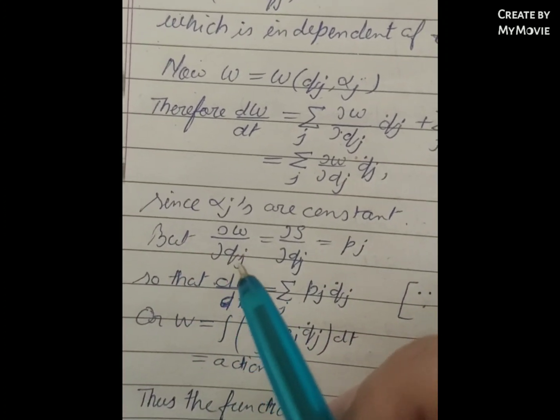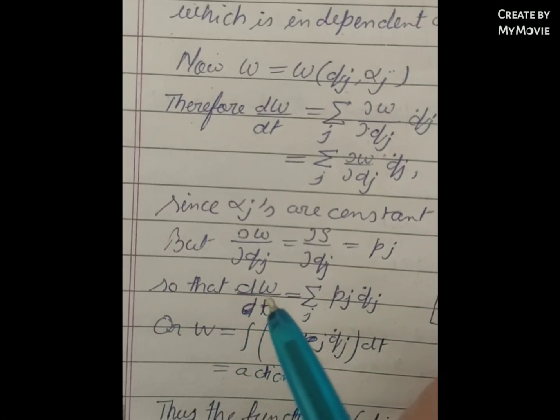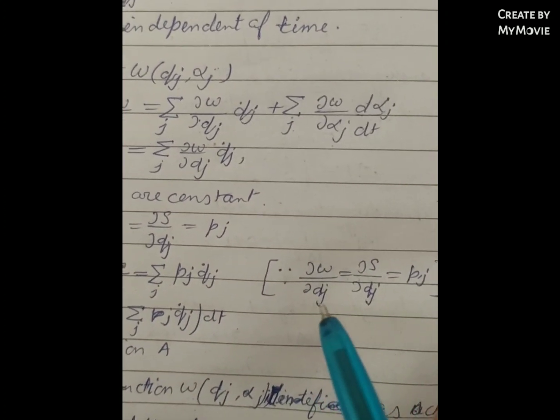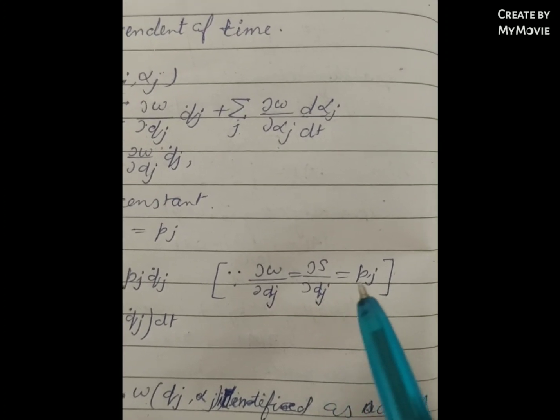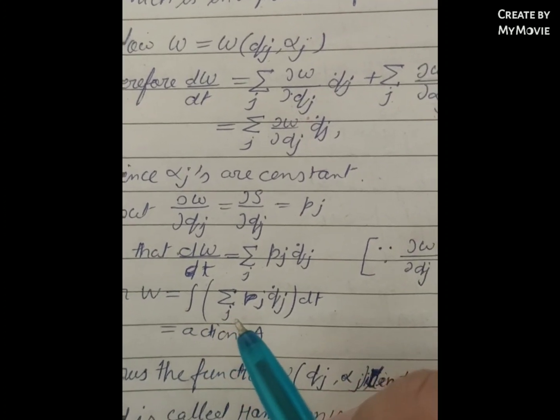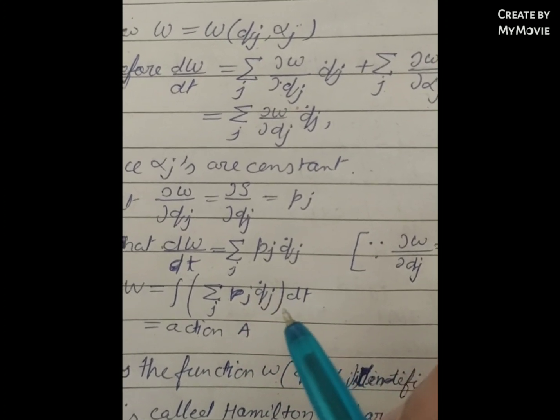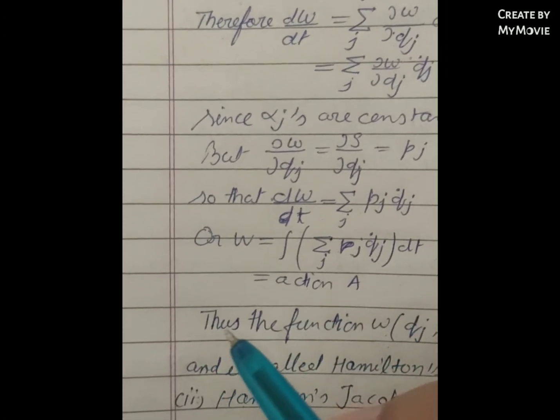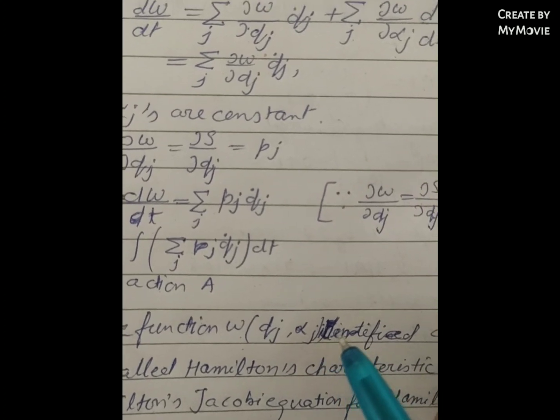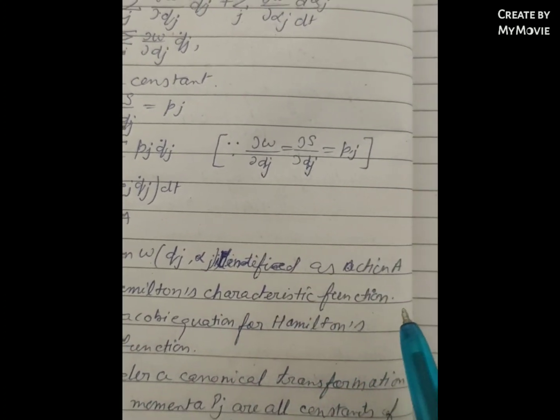But ∂W/∂qj = ∂S/∂qj = pj, so that dW/dt = Σj pj q̇j, or W = ∫(Σj pj q̇j) dt = action A. Thus the function W(qj, αj) is identified as the action A and is called Hamilton's characteristic function.